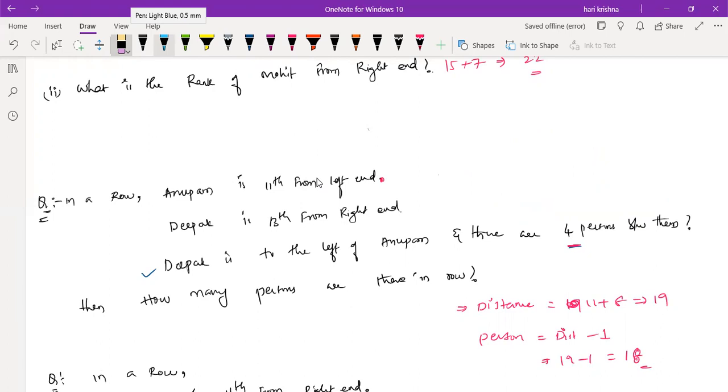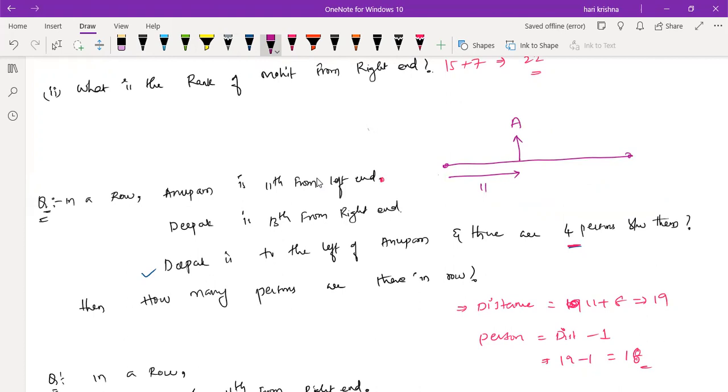What is given in the problem? Anupam is 11th from the left hand. So from the left, what is the position of Anupam? 11th. If this is Anupam, from the left hand it is 11th. Distance is always the rank only, right? So 11th only.